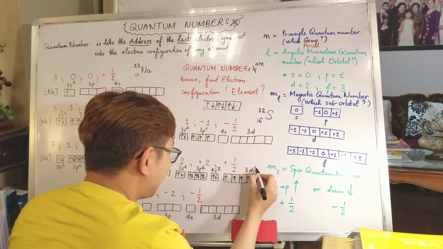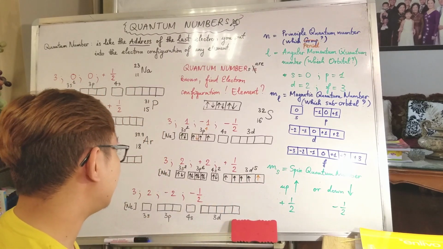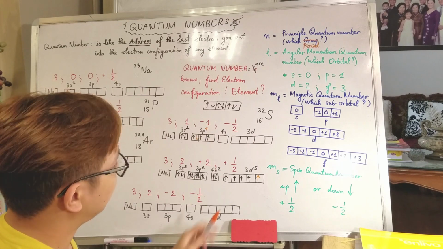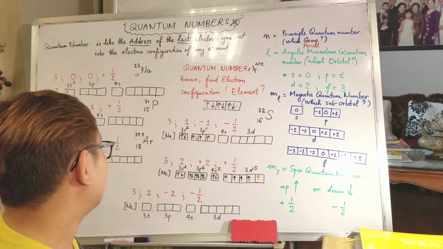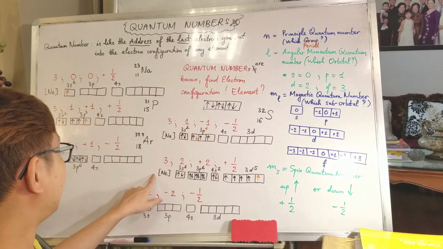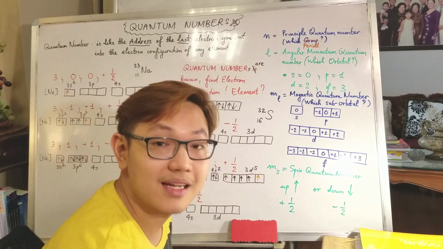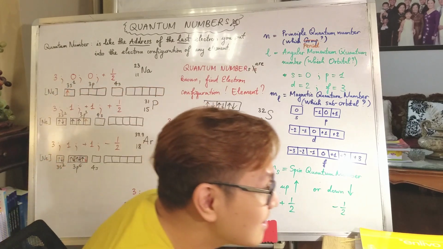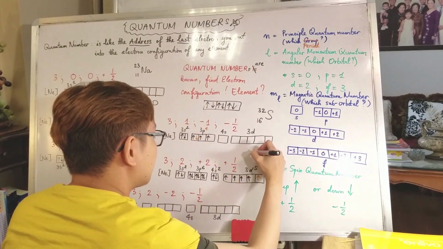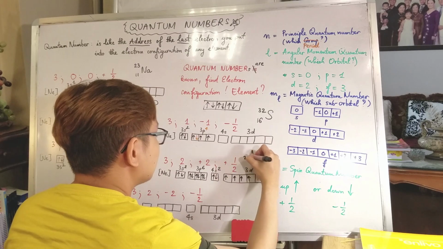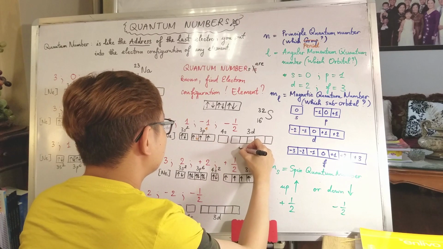So 3d5. So what element is this? Okay, D. So it belongs to the transition metals. Okay, so 10 plus 10, 20 plus 5, 25. What's element 25? Check the table. It's manganese. Manganese 25. What's the other number? 54.9.